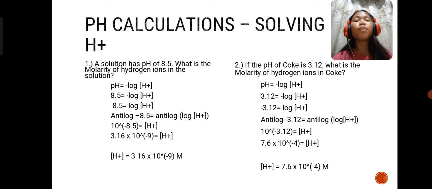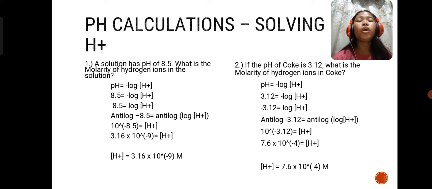Sample problem number 2, same way. If the pH of Coke is 3.12, what is the molarity of hydrogen ions in Coke? Same formula, pH equals negative logarithm H plus. The pH is 3.12, equals negative logarithm H plus. Multiply both sides by negative 1, which results in negative 3.12, and the logarithm becomes positive.